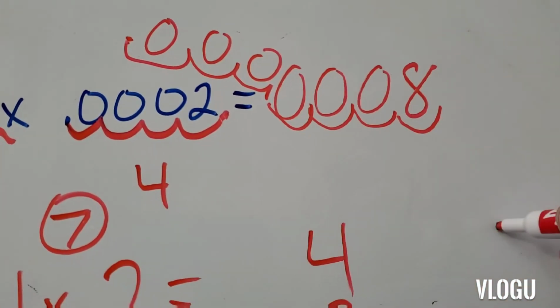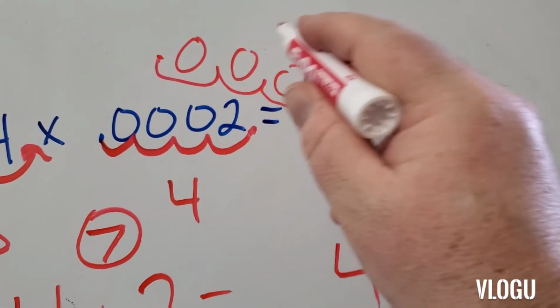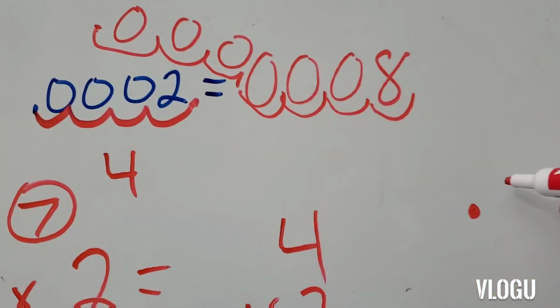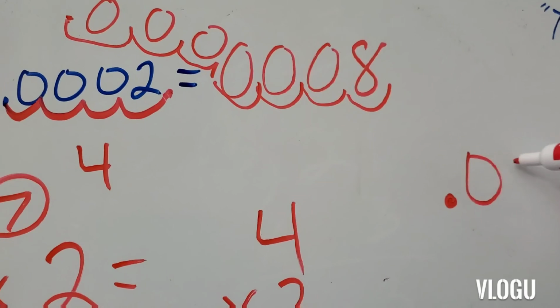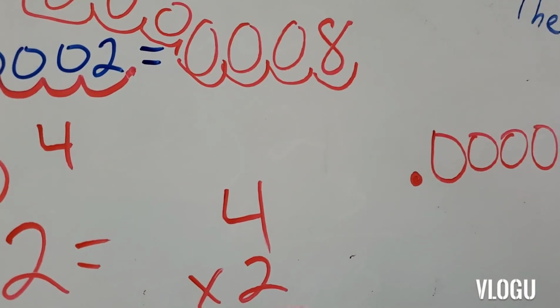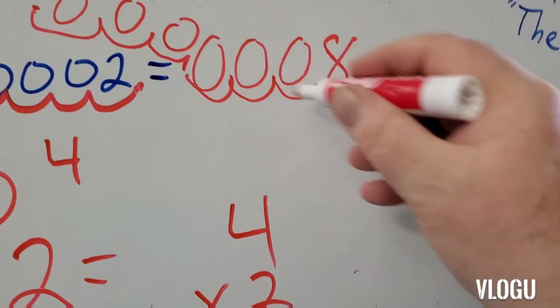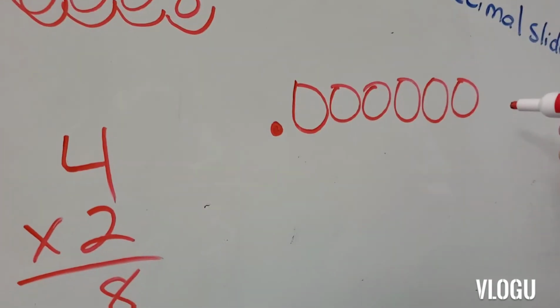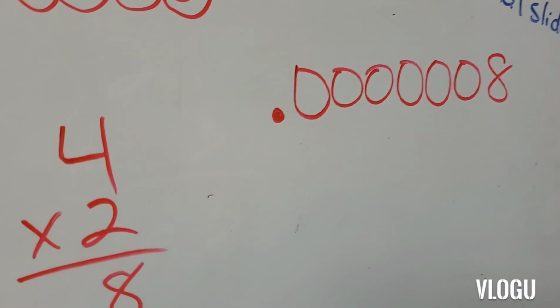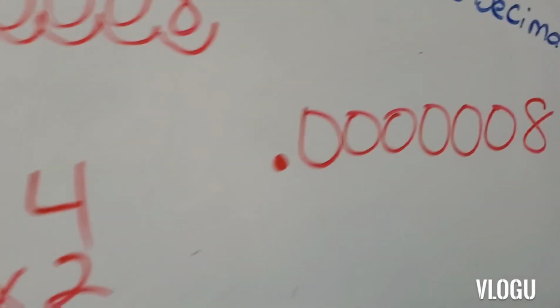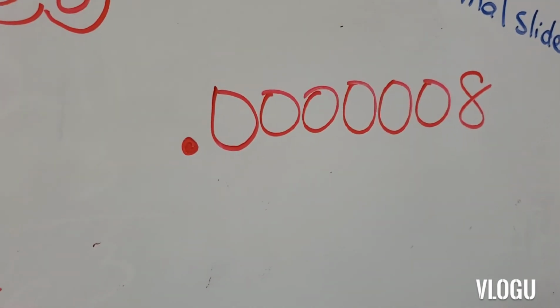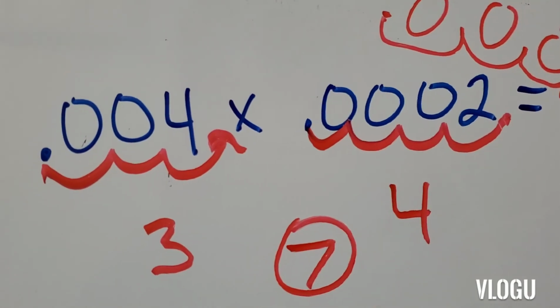So if I rewrite my answer, I have a decimal, 1, 2, 3, 4, 5, 6 zeros, and an 8. That's a strange looking answer, but that is the correct answer for that problem.